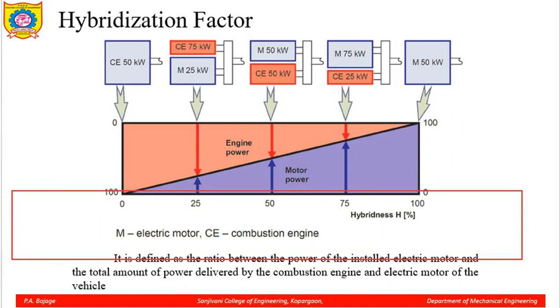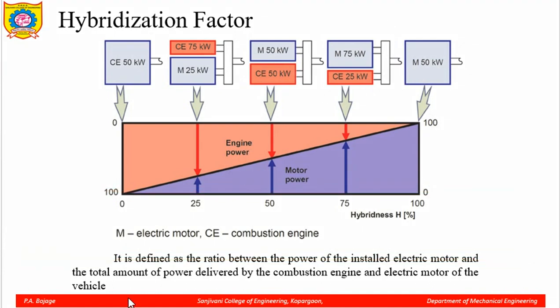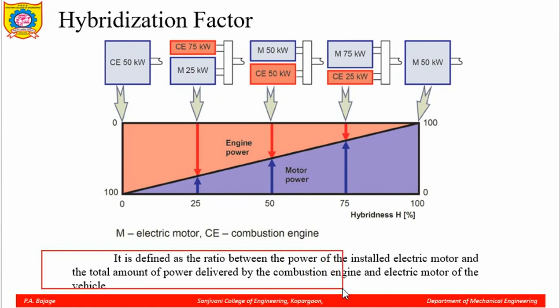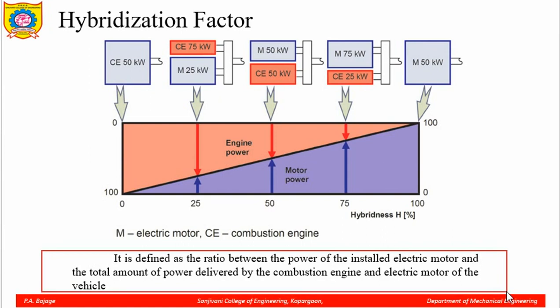So here you can see in this diagram the hybridization factor. So hybridization factor means what? It is defined as the ratio between the power of an installed electric motor and the total amount of power delivered by the conventional engine, that is the IC engine, and the electric motor to the vehicle.